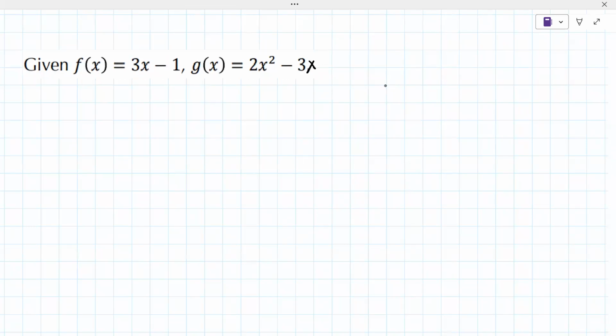All right, I'm going to change this to 3x here to keep that in mind. So I'd like you to first find f of x plus g of x for me, please.